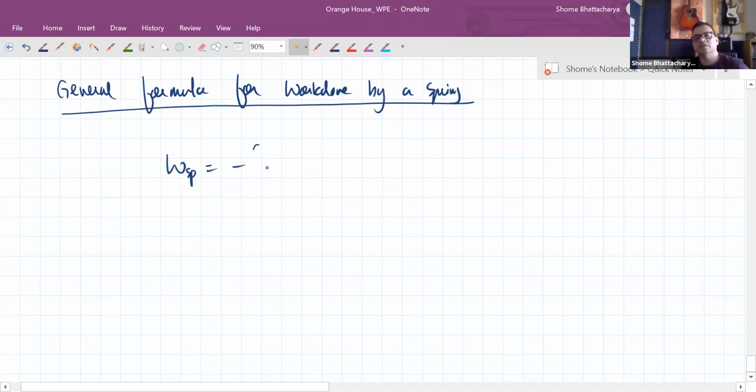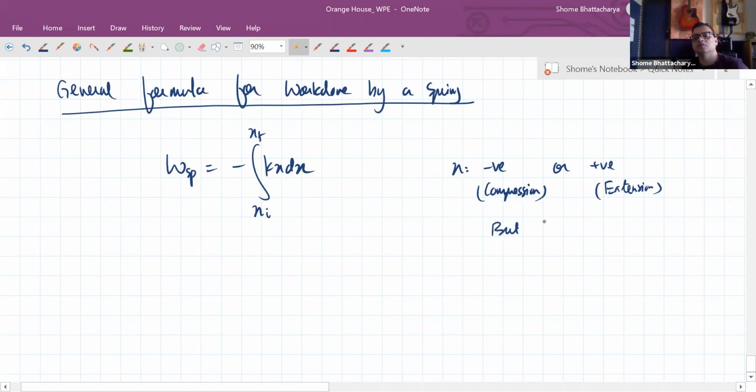It is minus of integration kx dx going from initial position to final position. Here x can be negative in the case of compression or positive in the case of extension.